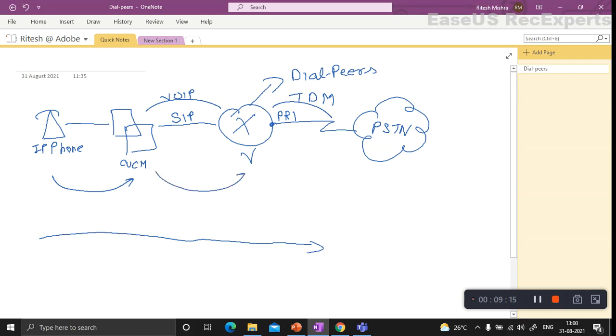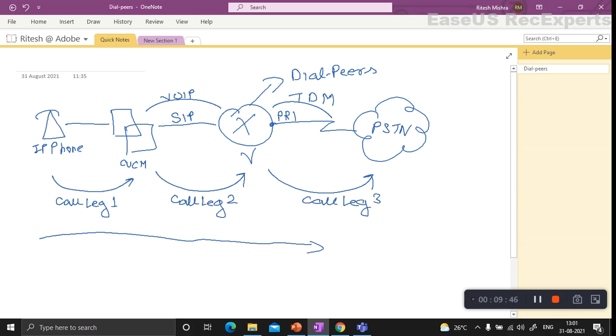Then there will be a call leg between the call manager and the voice gateway, and another call leg between voice gateway and the provider. So this will be call leg 1, this will be call leg 2, and this will be call leg 3. This is for an outgoing call.